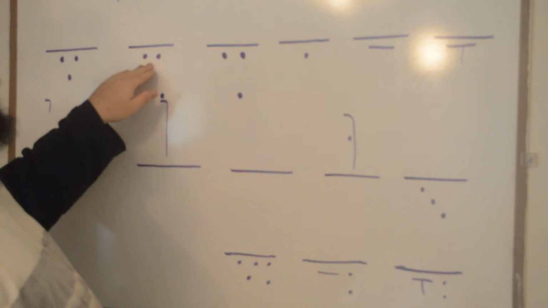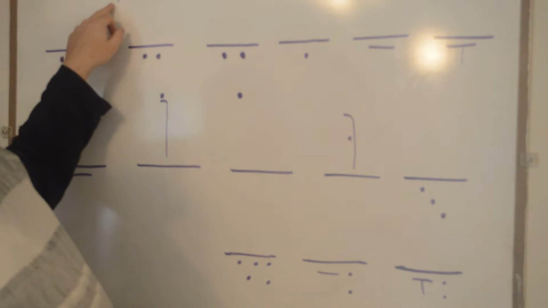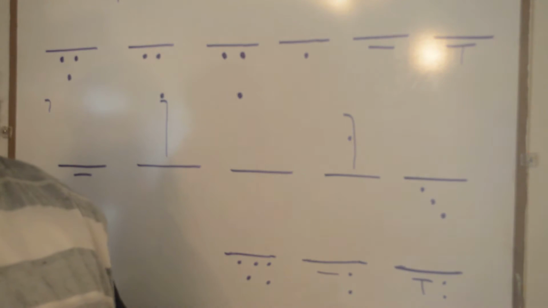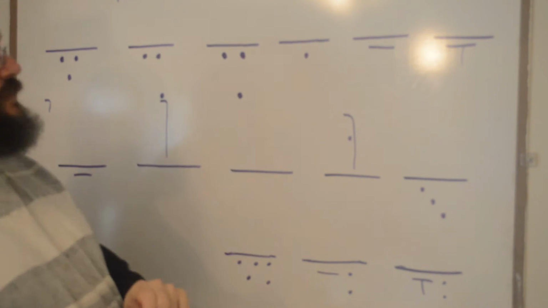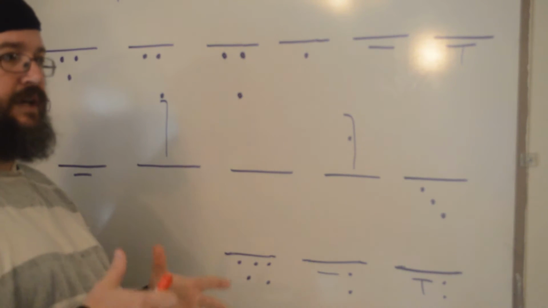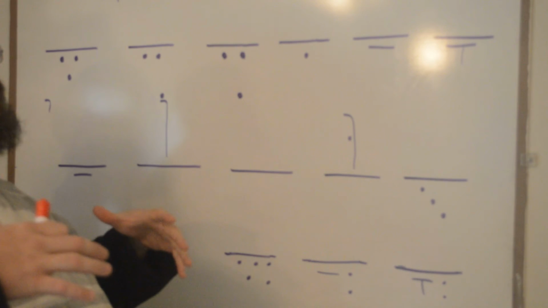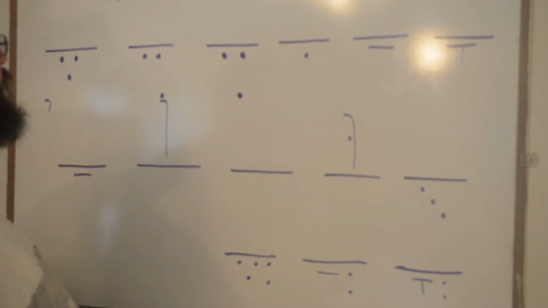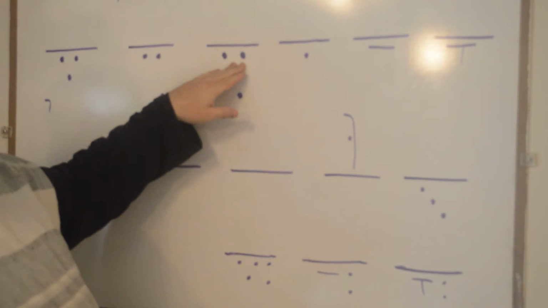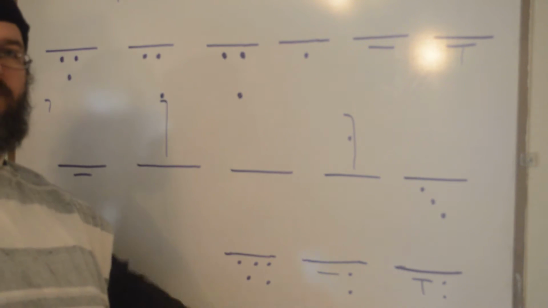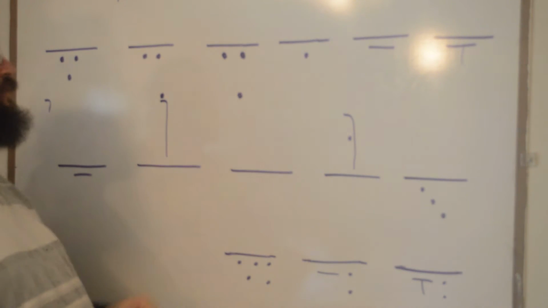So this e, you see, has the yud. Typically, this is how it should look, but this is what we call doesn't look full. It's a smaller condensed version. It's a lacking version. All right. So if we have a tsere, it really should be a tsere mele, but here we see the tsere written, but we have to know it's the e sound, so that's why it's written here.